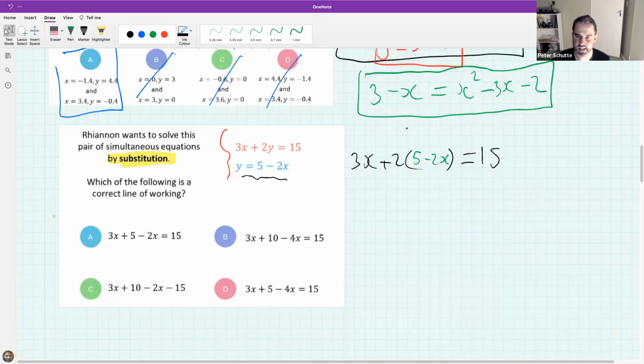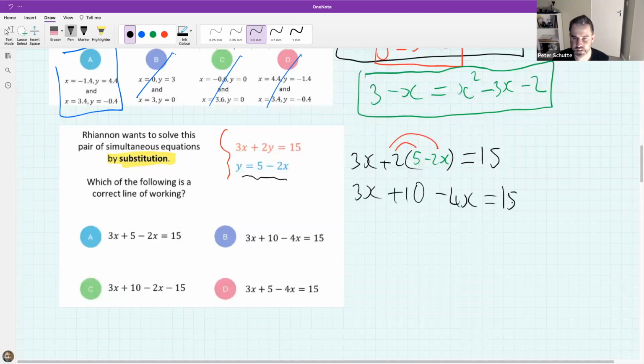I feel like I would probably multiply out. I mean, it would be the most logical thing. So I'd multiply that out, and then I would get 3x plus 10 minus 4x equals 15. And at that point, I go, hold on, I think I see that one over here. And so the correct answer is B.